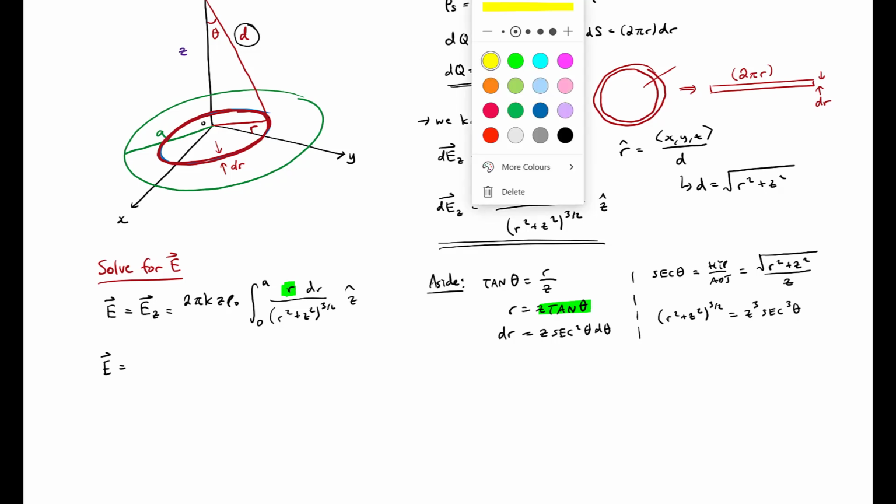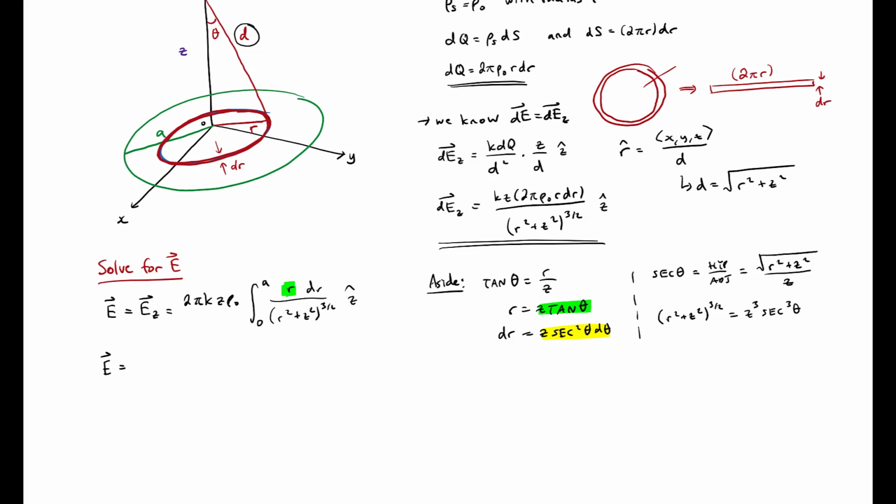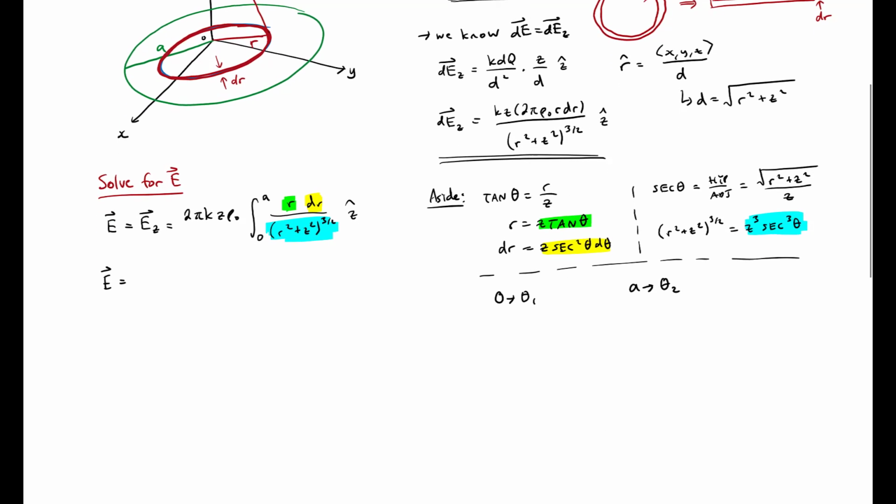We can replace dr with this, and we can replace our entire denominator with that. The only thing we haven't looked at are the bounds, but we'll take a look at that after. All we're going to do for now is just say 0 is going to become theta 1, and a is going to become theta 2. And we'll take a look at that in a bit.